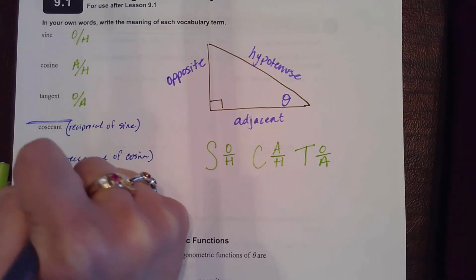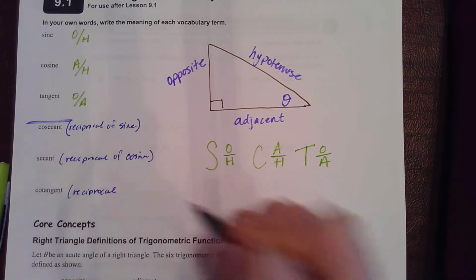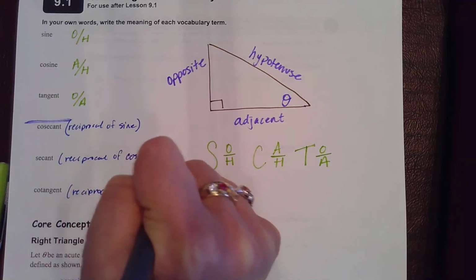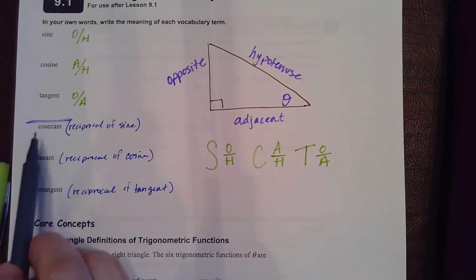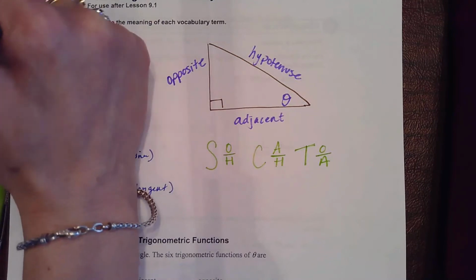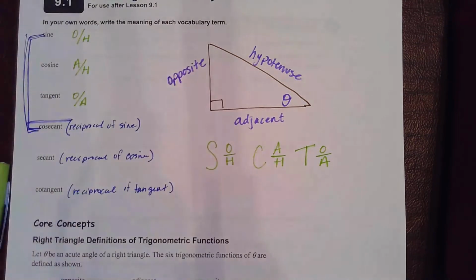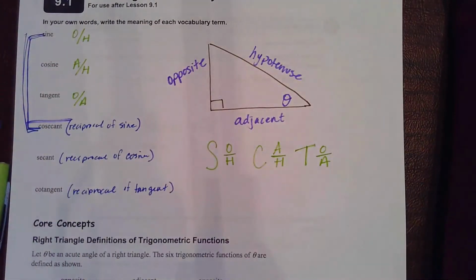And cotangent, you can tell from the name, right? Reciprocal of tangent. So you need to know which one matches which. For example, you need to know that cosecant always goes together with sine. They're cousins or however you want to word it. Cosine and secant go together, tangent and cotangent go together.